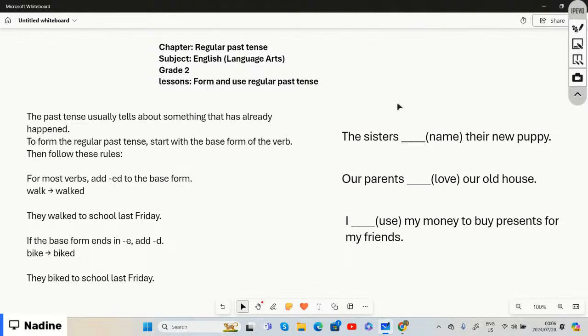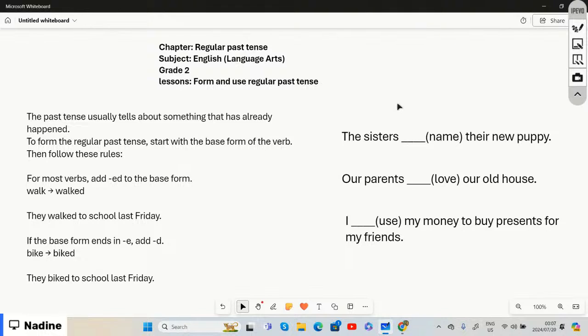Right? So when it comes to our past tense, remember, the past tells us about things that had happened already. Cool. And usually when we hear about tenses, they will tell us that it's either present tense, past tense, or future tense.